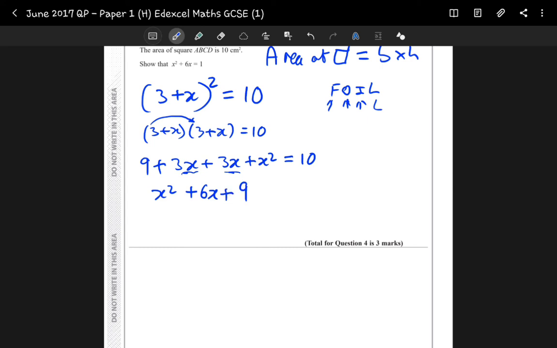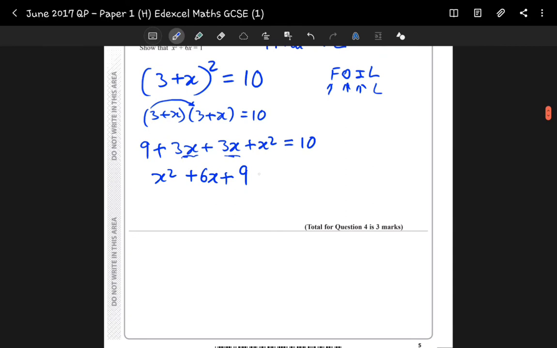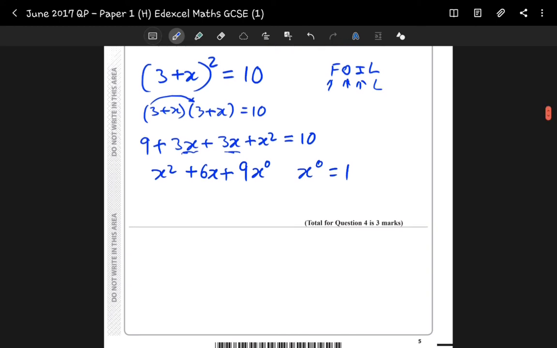By the way, for all you mathematicians out there, this is a coefficient of x to the power 0. Anything to the power 0 equals 1. So behind the scenes, that's actually what you've got, but obviously you don't need to write x to the power 0 because it can be simplified to 1. So 1 times 9 is just 9. Anyway, enough of that. This all equals 10.